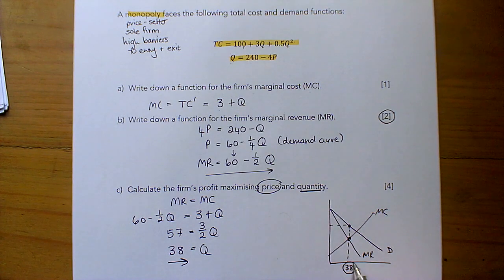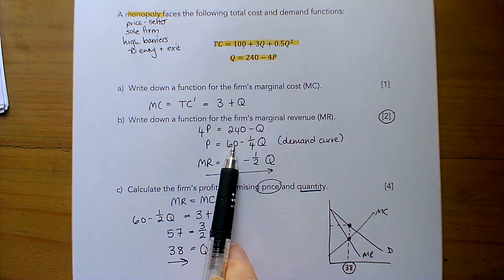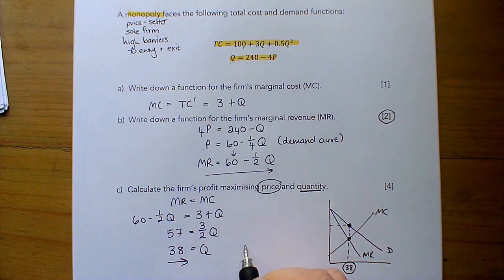So I need to put 38 into the demand function. Price equals 60 minus a quarter Q. So price is going to be 60 minus a quarter times 38. A quarter of 38 is going to be 9 Rand 50. And so the price is going to be 50 Rand 50.